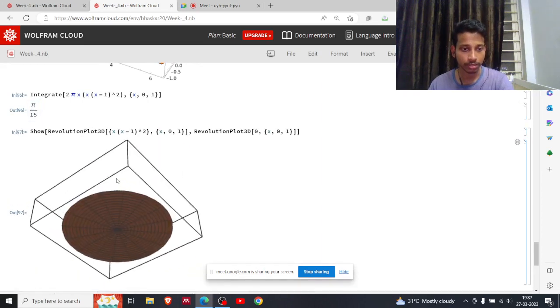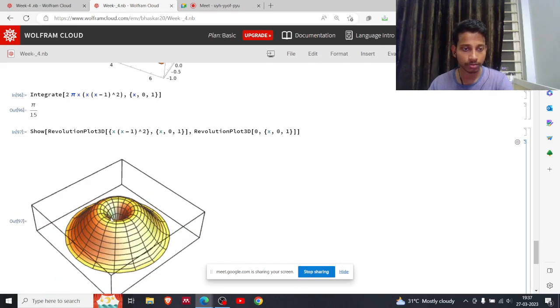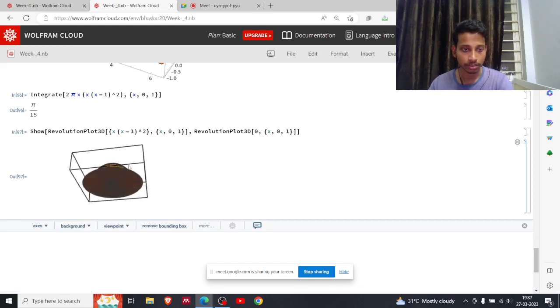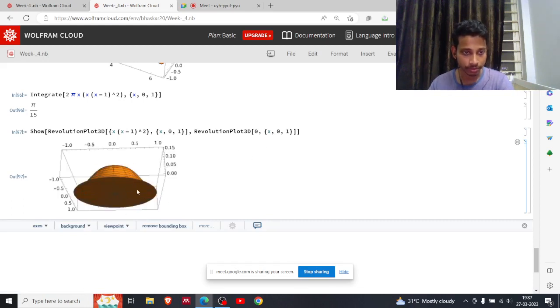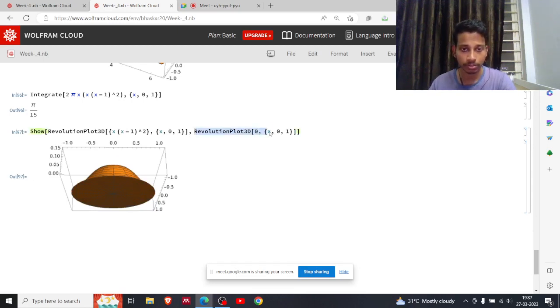So this is the plot of this particular curve, where this plane is actually added to the plot by using this particular line, revolution plot 3D, 0.